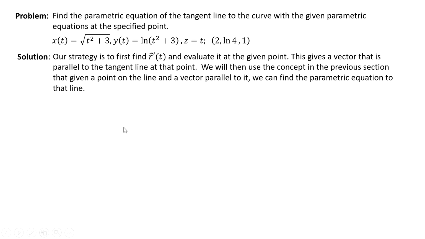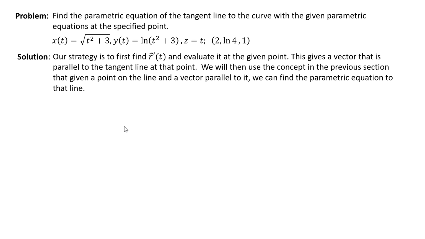So our strategy is to first find r prime of t and evaluate it at the given point. What? To find a tangent line to the curve, we need r prime of t? What has r prime of t got to do with a tangent line to the curve? Everything.